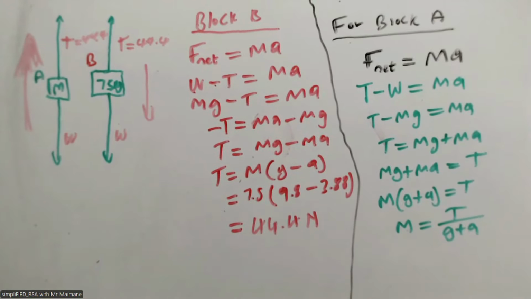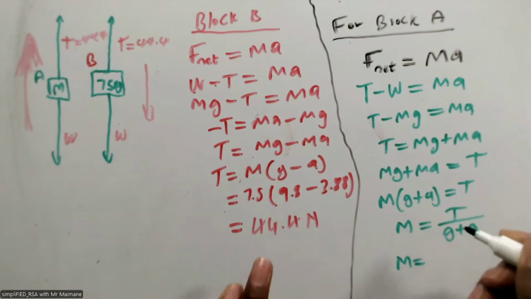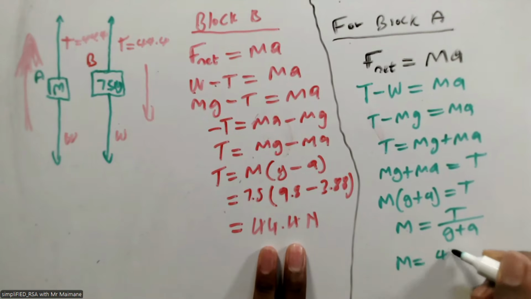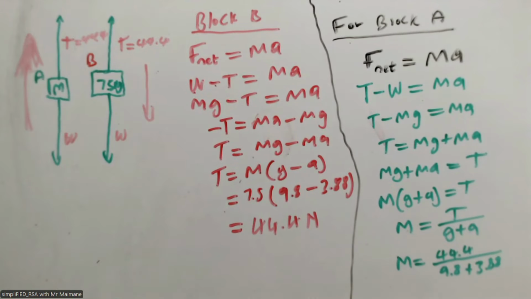And from here, it is easy to tell that m is going to be the tension, which is 44.4 newtons, all over 9.8 plus 3.88 meters per second squared.